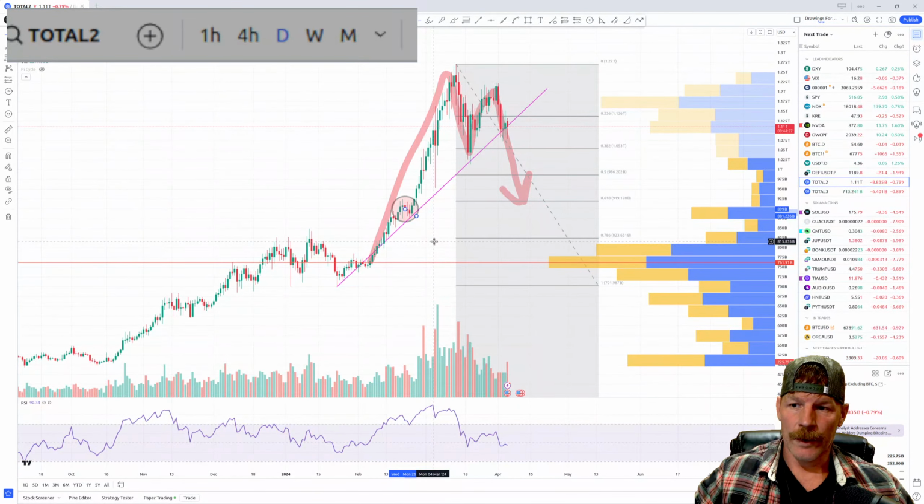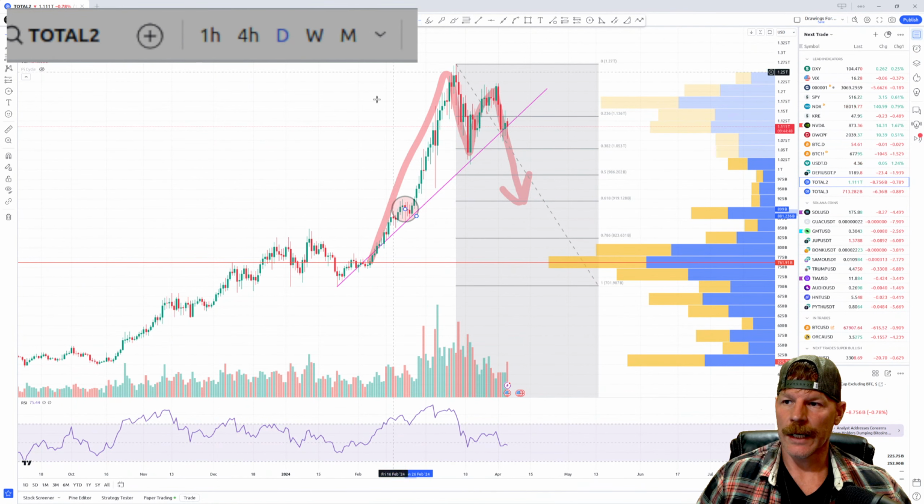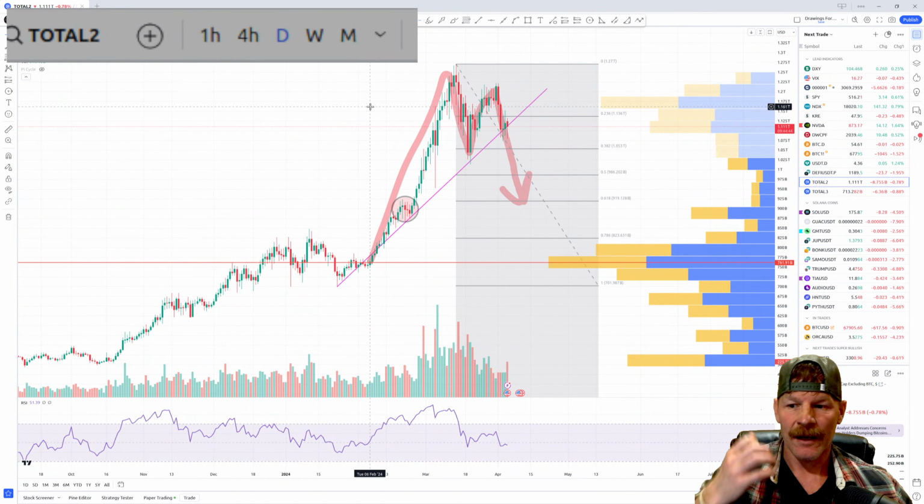When we draw these things out, it's often hard to believe that we'll go that far down. But again, considering everything that is going on in the world, we need to be prepared for fundamental analysis to supersede, take over, and direct our technical analysis.